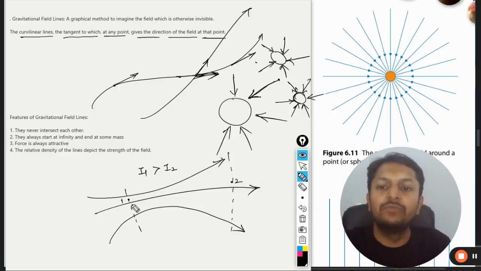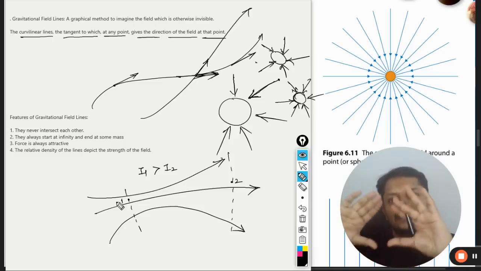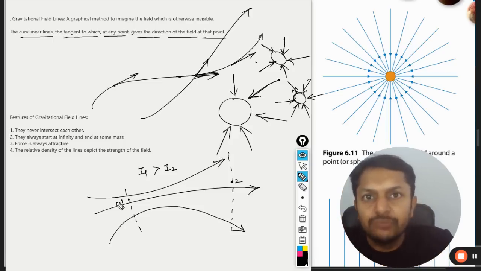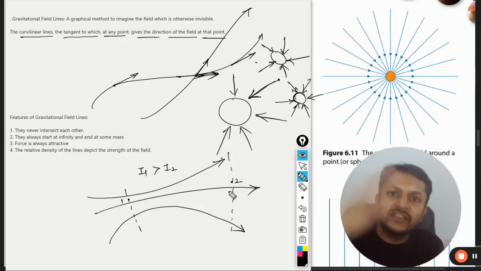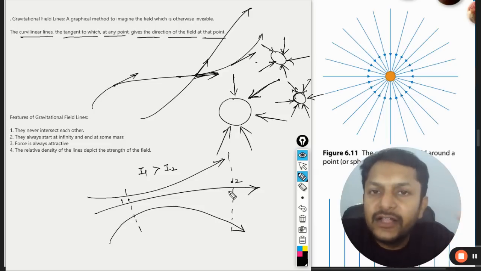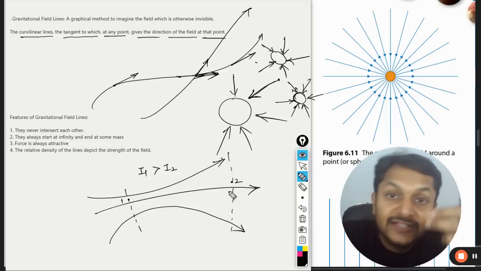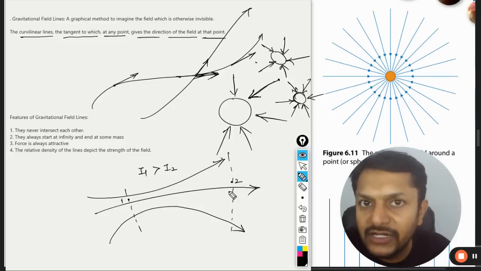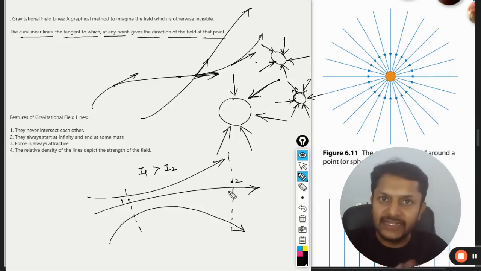I1 will be more because there are more field lines near it. The field lines are closer together, that is why the intensity is more. At this point they are farther away, and that is why the gravitational field intensity is lesser. This is all about the gravitational field lines.